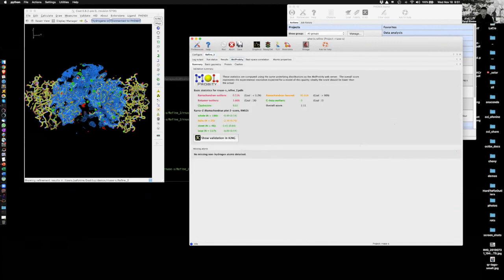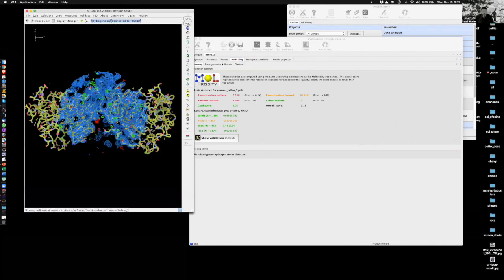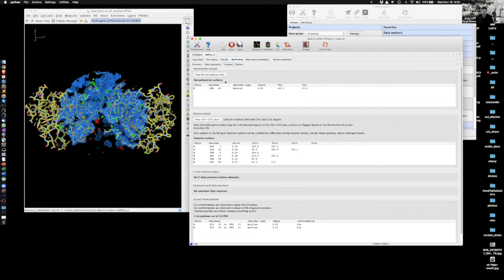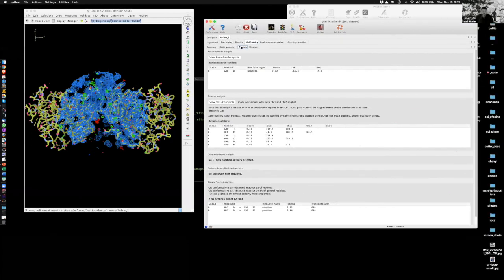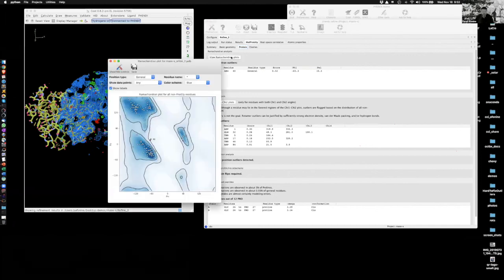We get our MolProbity statistics, and it still shows us some amount of Ramachandran outliers. It's much less than in the beginning. We still have some rotamer outliers and so on. So that means we still need to go through the structure and investigate it and fix the problems.